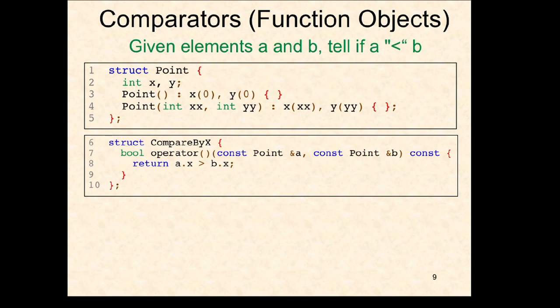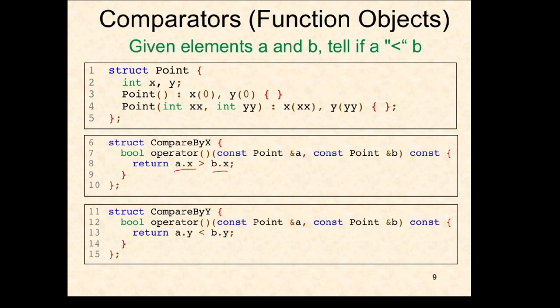This one bases its decision on, is a.x greater than b.x? We could have a different functor that defines it based on y.